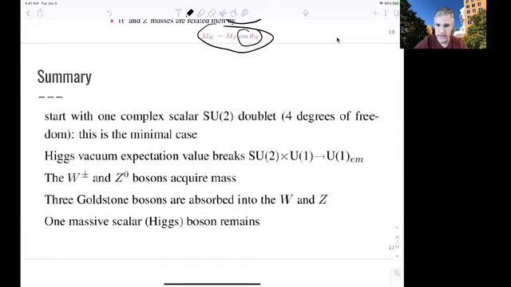We also find an additional scalar Higgs boson that remains. So that was the understanding in the 60s and 70s, and the standard model was further developed. And then it took us all the way to 2012 to actually find this new scalar particle, the Higgs boson itself.